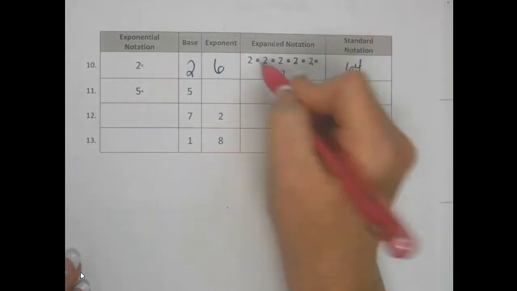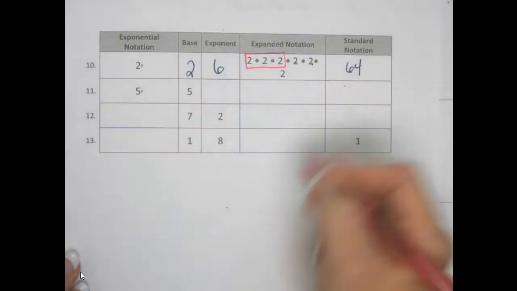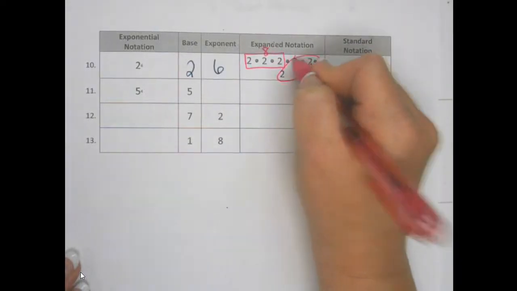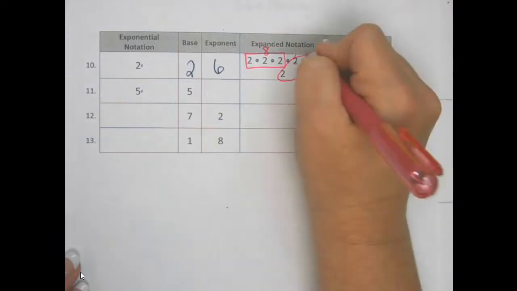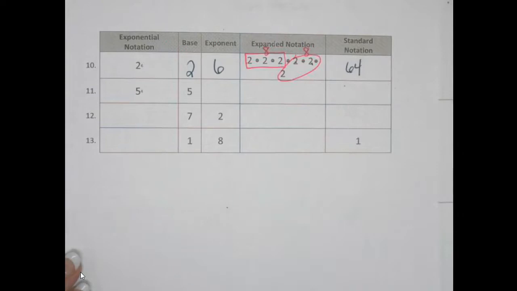You can also do it a couple of different ways. 2 times 2 times 2 is 8. And then I have 2 times 2 times 2 again, which is 8. 8 times 8 is 64.